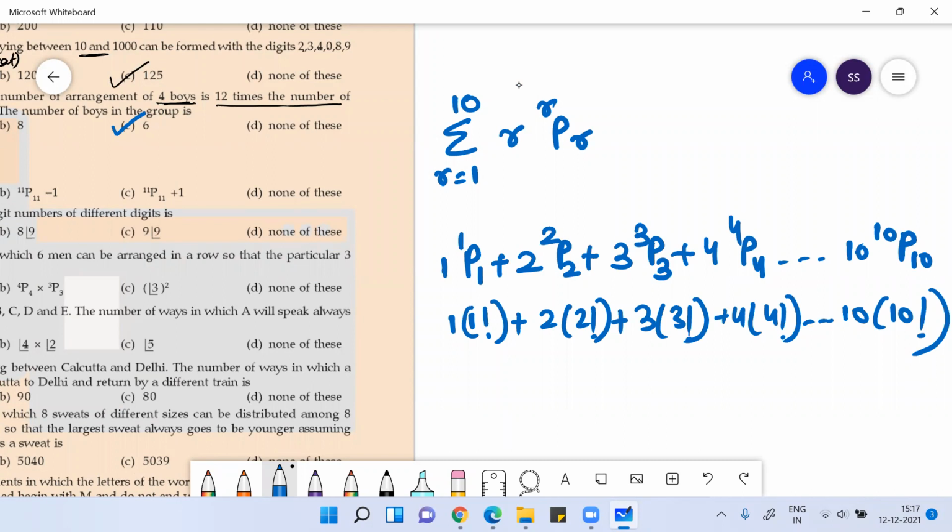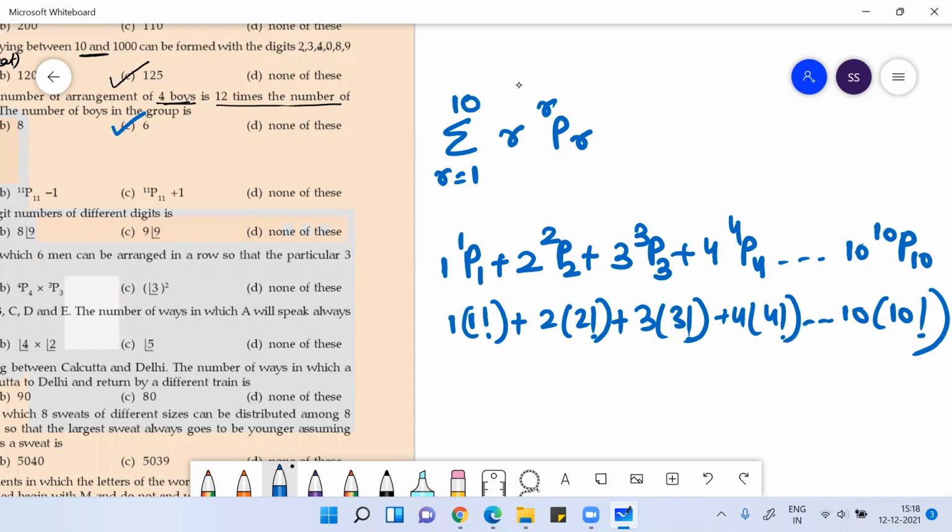Basically, if you generalize this, I can write 1 into 1 factorial plus 2 into 2 factorial plus 3 into 3 factorial, and I'll get n plus 1 factorial minus 1.